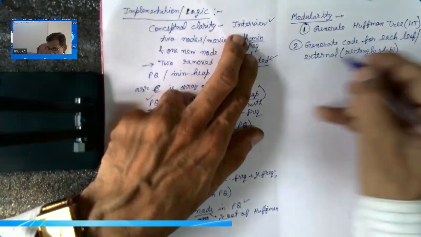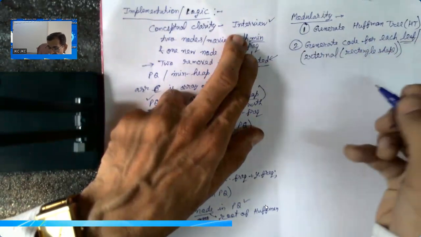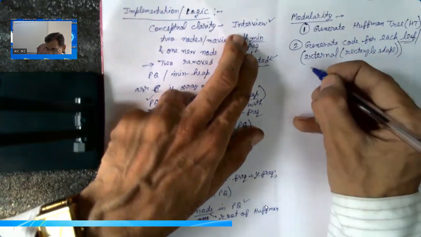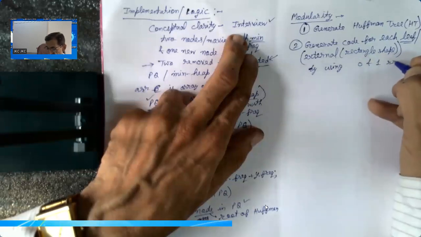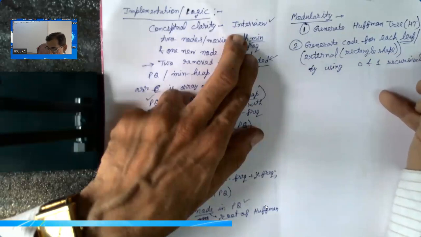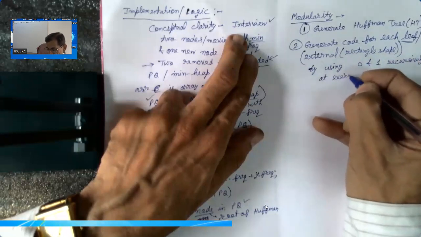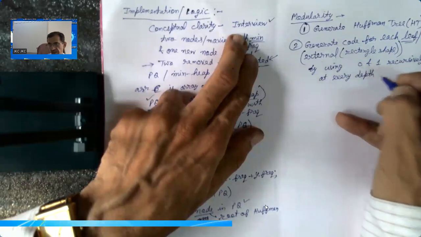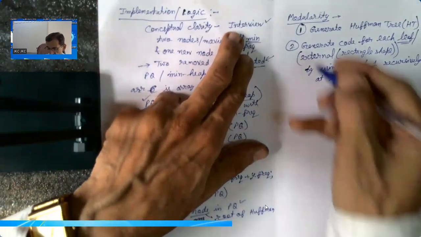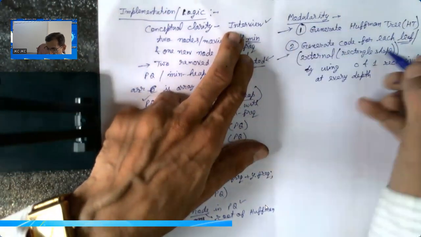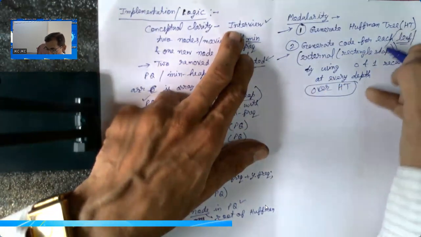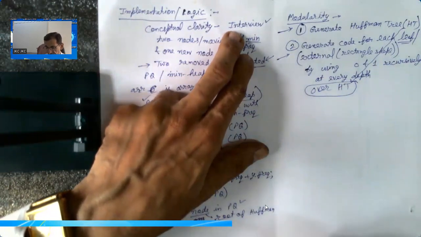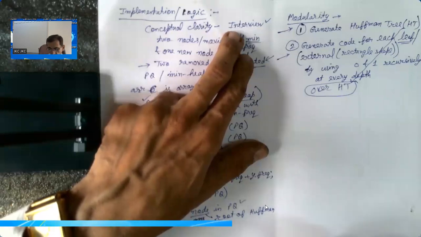So for each leaf node, code will be generated by using 0 and 1 recursively at every depth. At every depth, I will keep on adding 0 and 1, and that will be the corresponding logic. So these are going to be two modules, and this will be done over your generated HT, the HT which you generated in the first step. So HT should be returned. Of course, both can be combined also, but for better modularity, you should follow this.